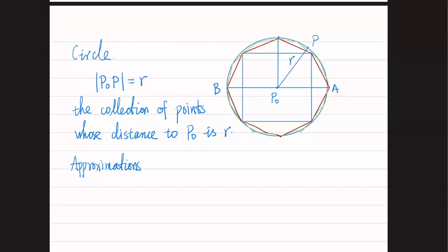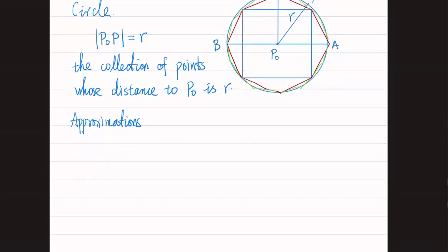Who is that? So this mathematician is called Archimedes. So he used this 96 sided polygon.